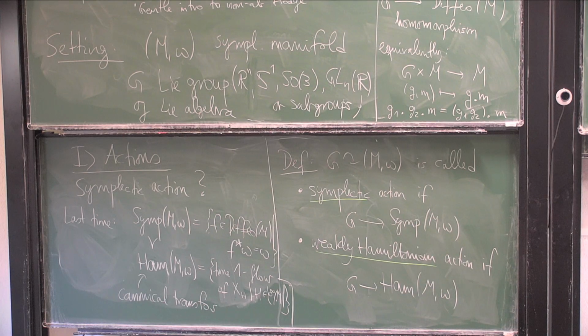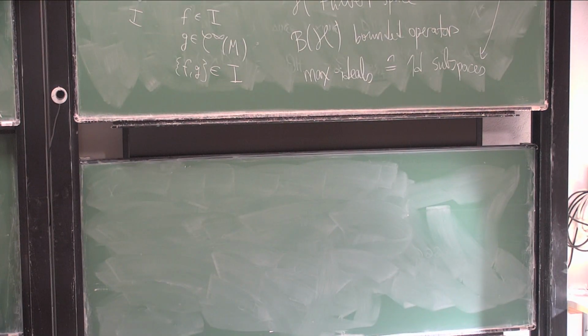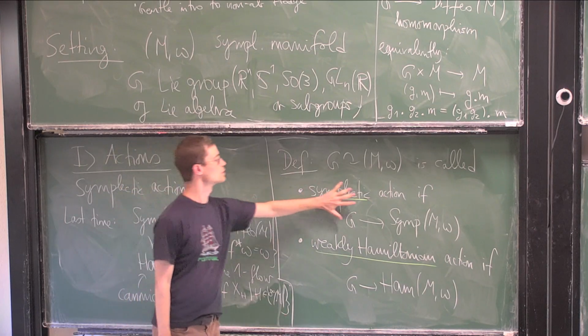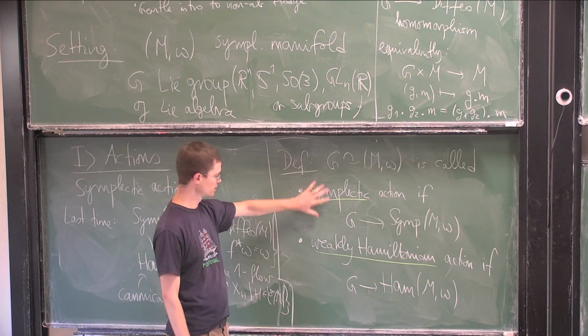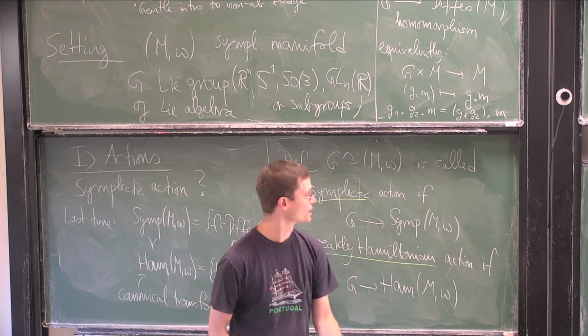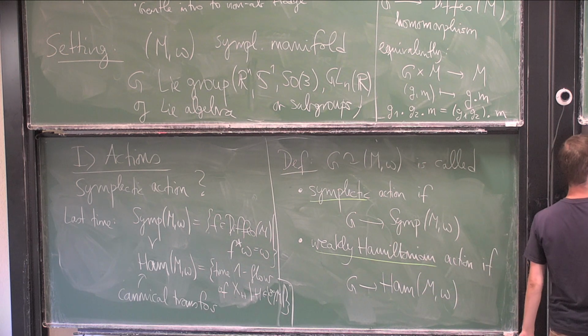So let's see some examples. Two examples in particular, and you will see that it's often not so difficult to see whether an action is symplectic or not, but to determine whether it's weakly Hamiltonian can be a bit more complicated. Let's say example one.